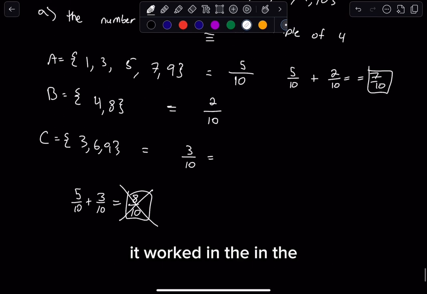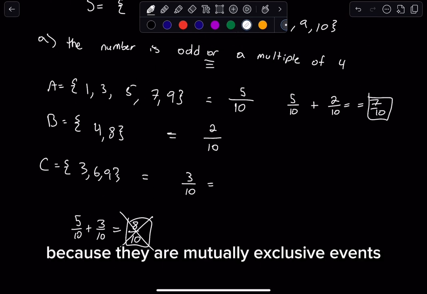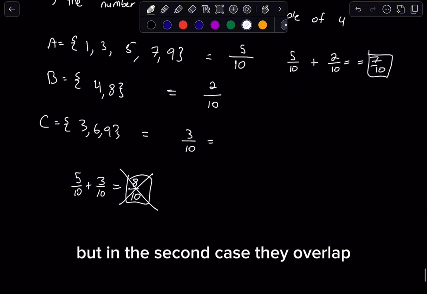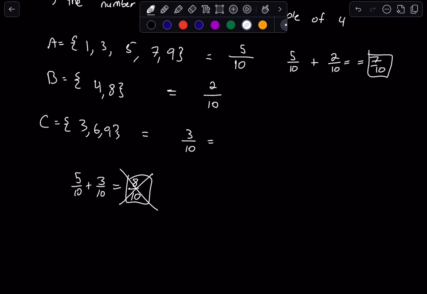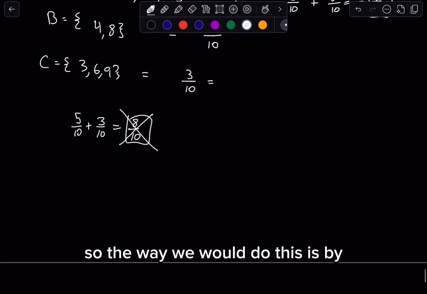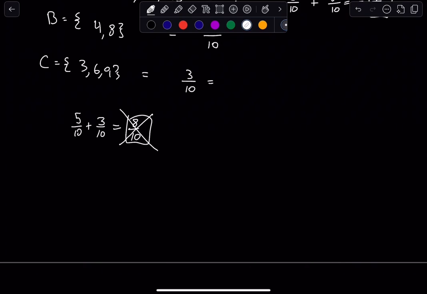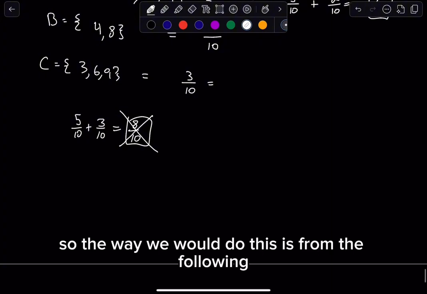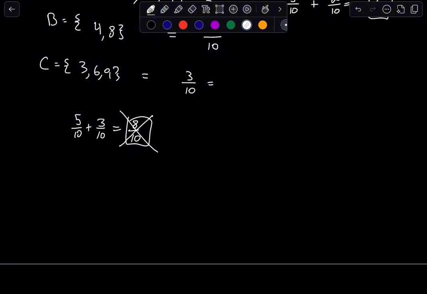It worked in the first example because they are mutually exclusive events. But in the second case, they overlap. So the way we would do this is from the following.